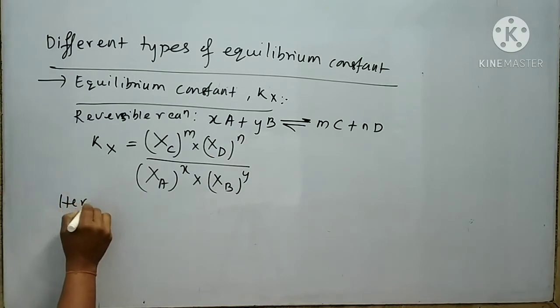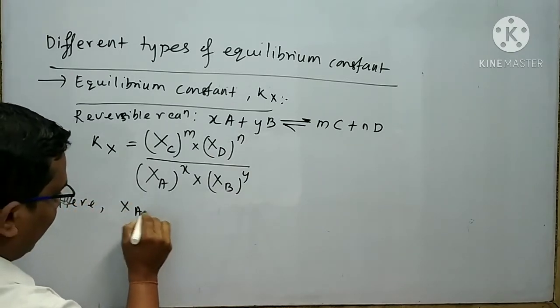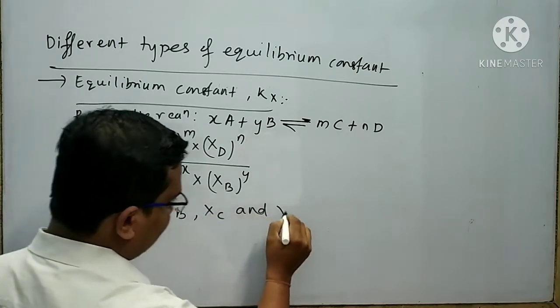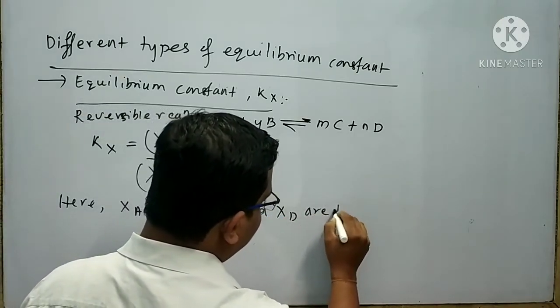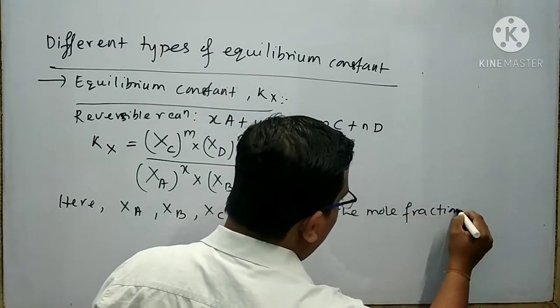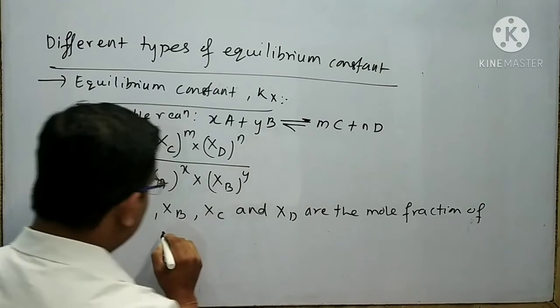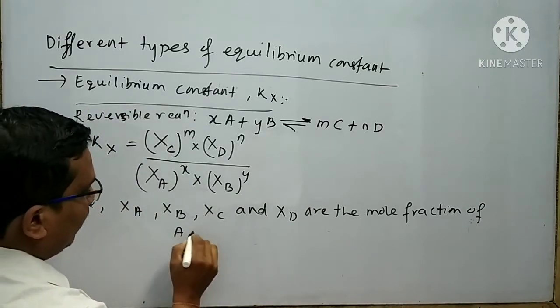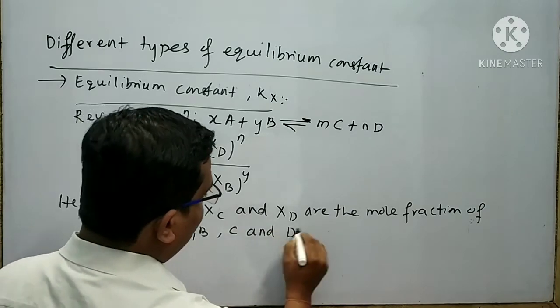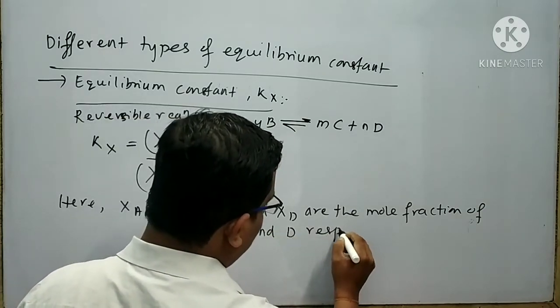Here I can write XA, XB, XC and XD are the mole fractions of A, B, C and D respectively.